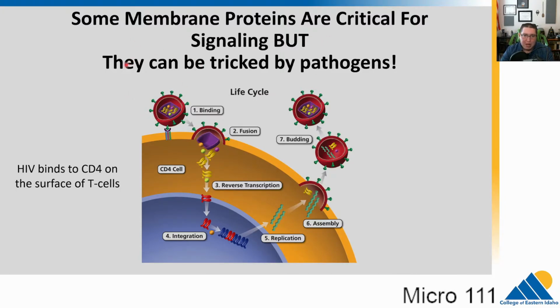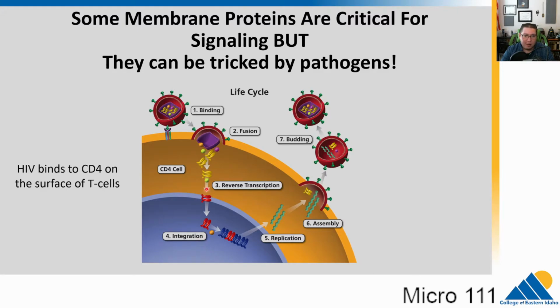But many pathogens can use this signaling and trick our cells. So in this case, the HIV virus can bind to a cell receptor, our protein, on the surface of our T cells. These are immune cells. It binds and it tricks it. It says, hey, I'm not an HIV virus. I actually need to be inside the cell because I'm important. So it tricks the cell into letting it in.